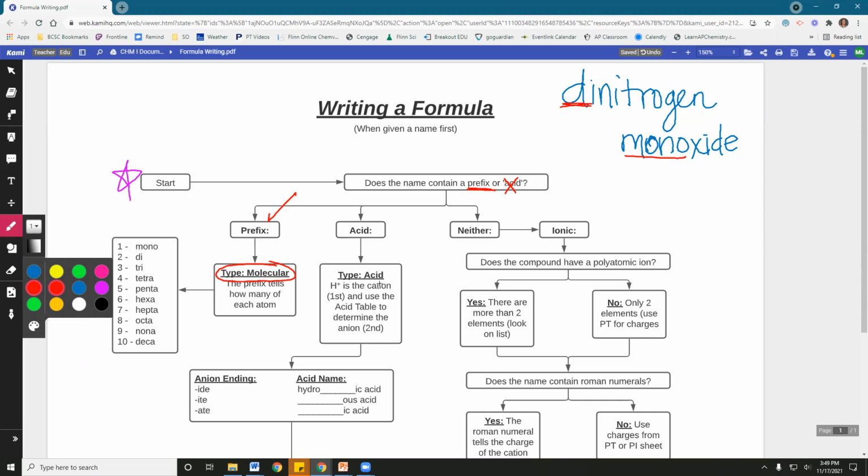It tells you the subscript number. So di stands for 2, so that would be N2 for dinitrogen. And mono stands for 1, so we would have O1, which you don't really have to write if it's just a 1. So for dinitrogen monoxide, the molecular formula would be N2O.